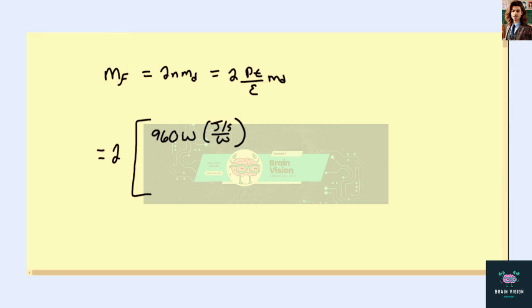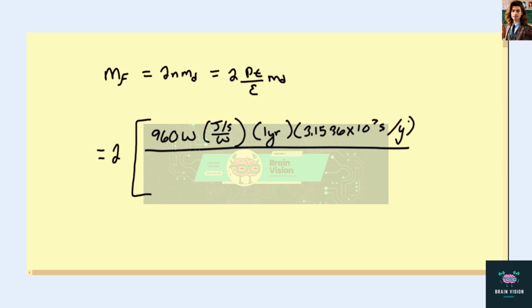And we have a time of 1 year, and we're going to multiply this by seconds, so 3.1536 times 10 to the 7th seconds per year.